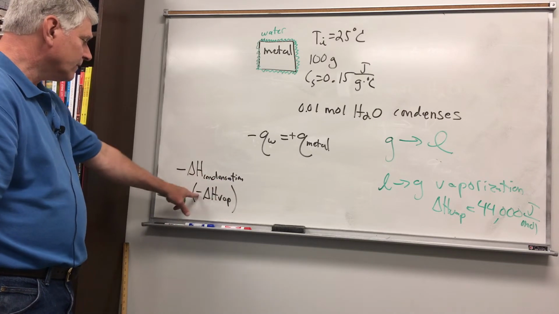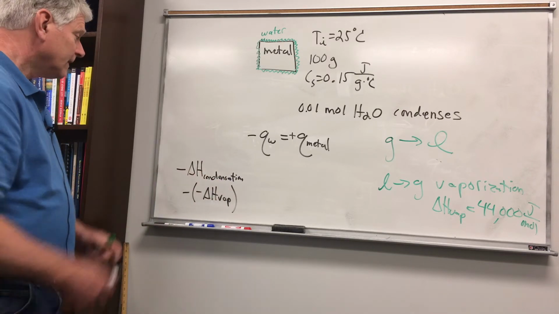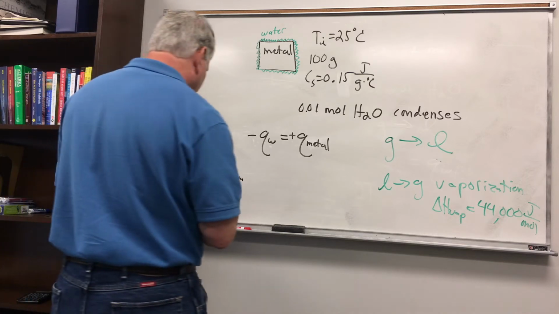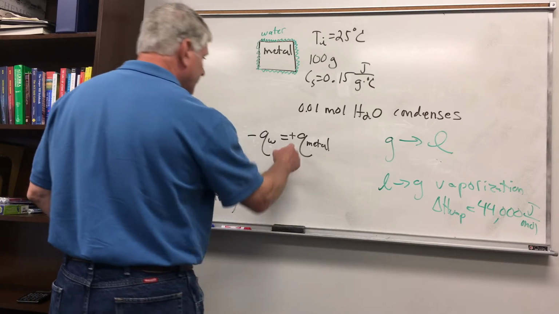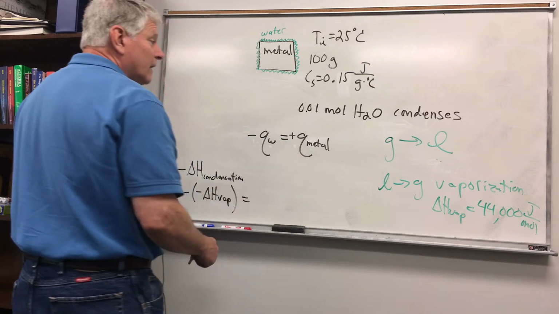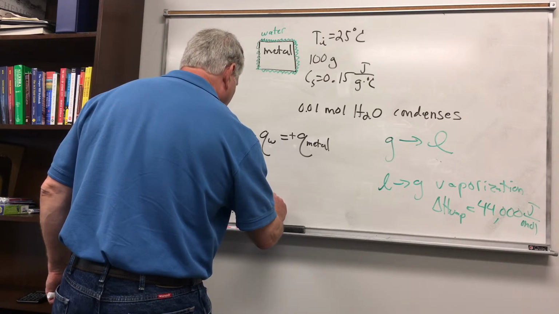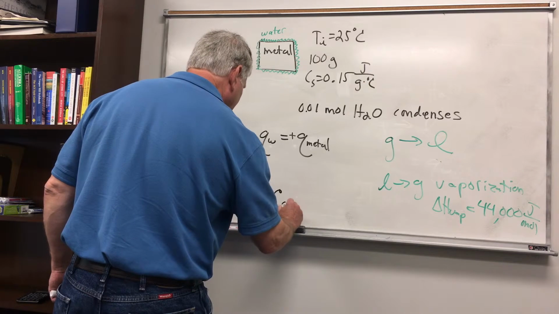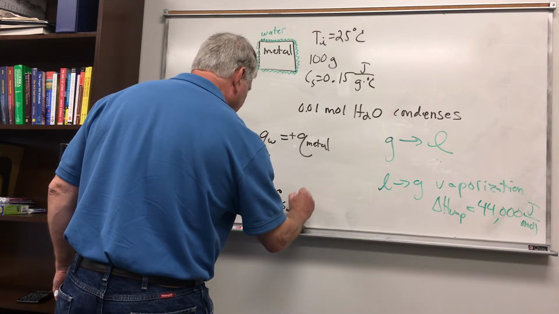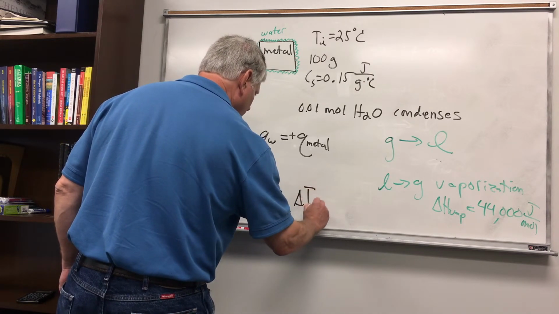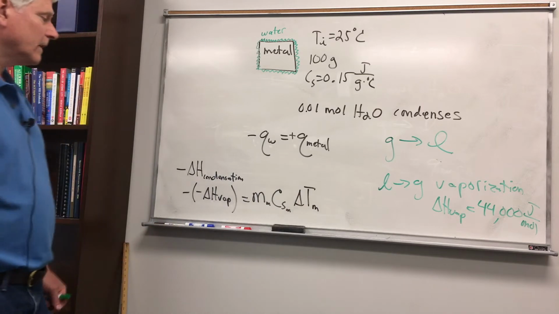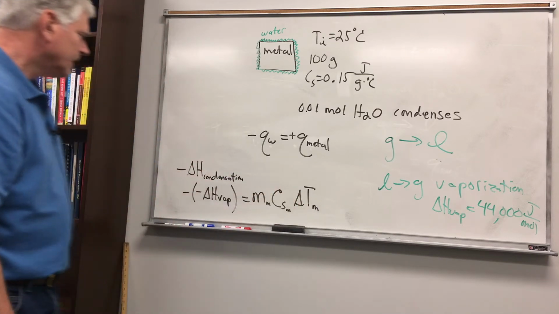So now we have these two negative signs here. And this is going to be equal to Q for the metal. So Q for the metal is the mass of the metal, the specific heat of the metal, and the temperature change for the metal. I'll use M for metal.